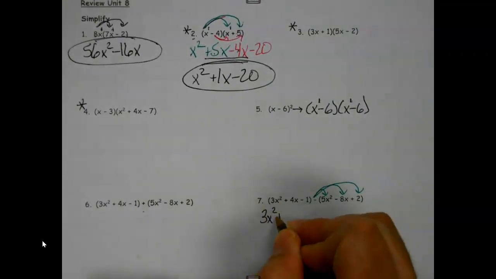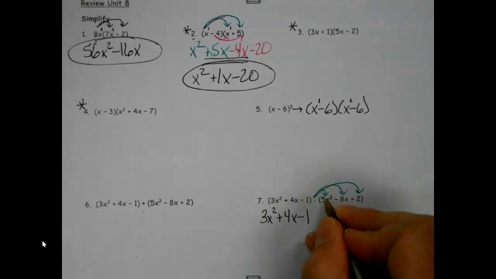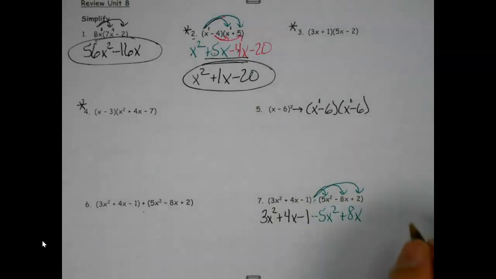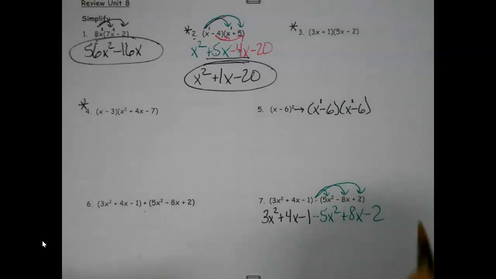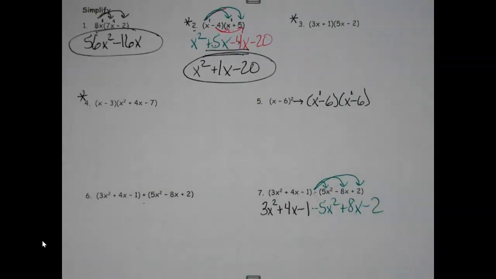So there was nothing to do on the first part, so I'm just going to recopy it. But on the second part, that negative changes the positive 5x into negative, changes the negative 8x into positive, and changes this positive 2 into negative. And now it's just all pluses and minuses.